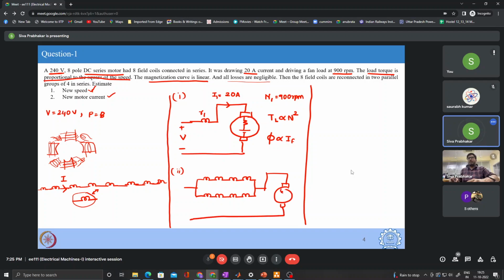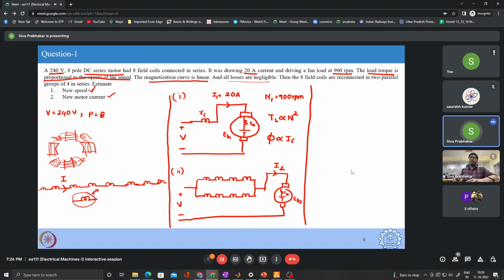Similarly, there is RA. RA will be a constant. This is EB1, and this is EB2. The supply voltage is the same, so I am marking it as V only, and I am distinguishing EB2 from EB1. The current I am marking as I2.